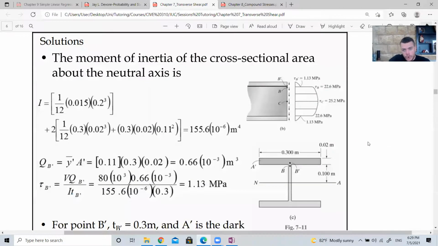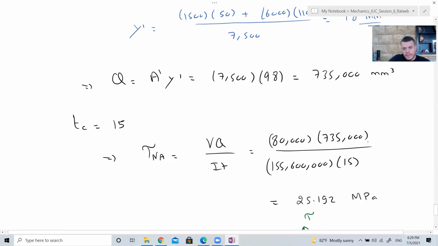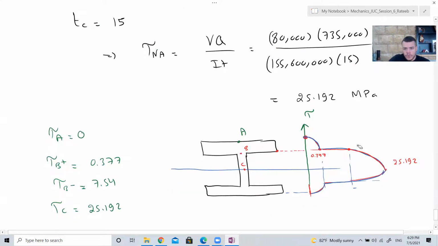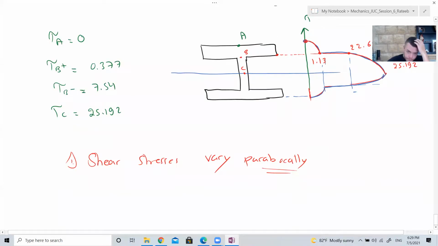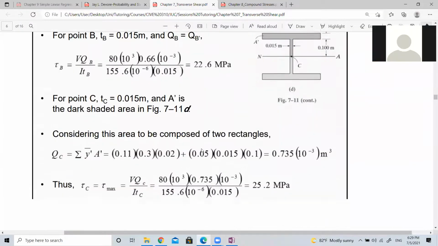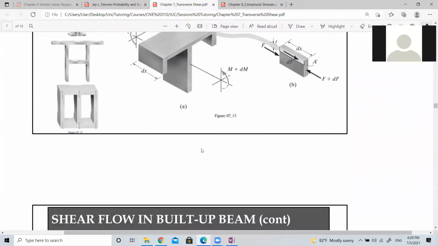Now it worked. And the final one is 25.2. So this is 22.62, and this is 1.13. Am I clear? Yes, doctor. Okay.